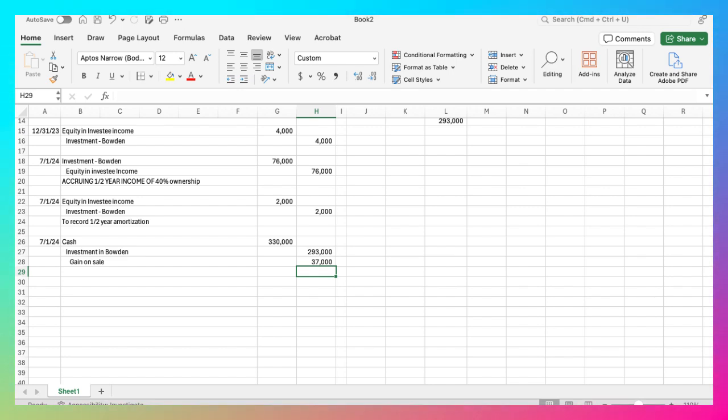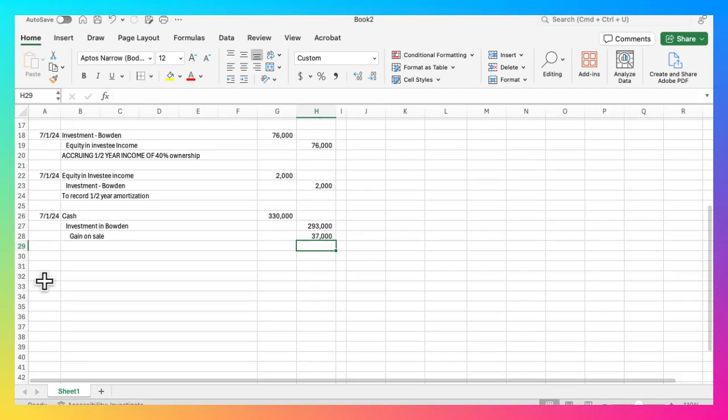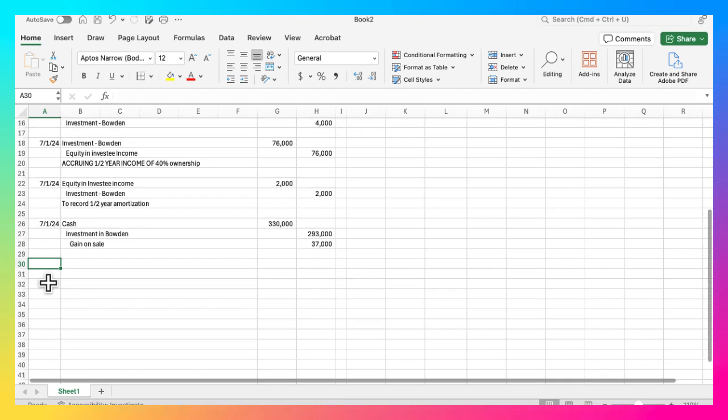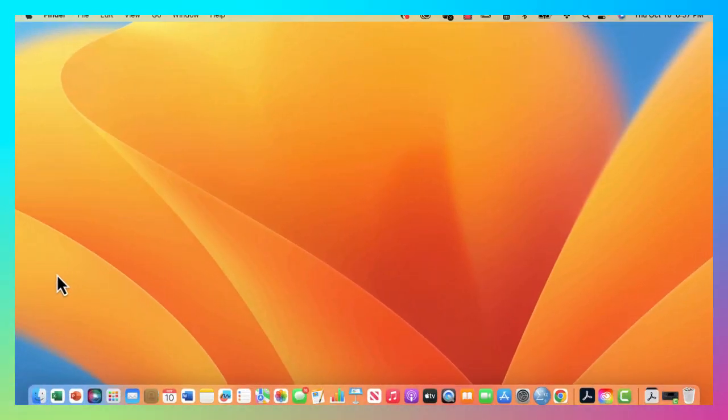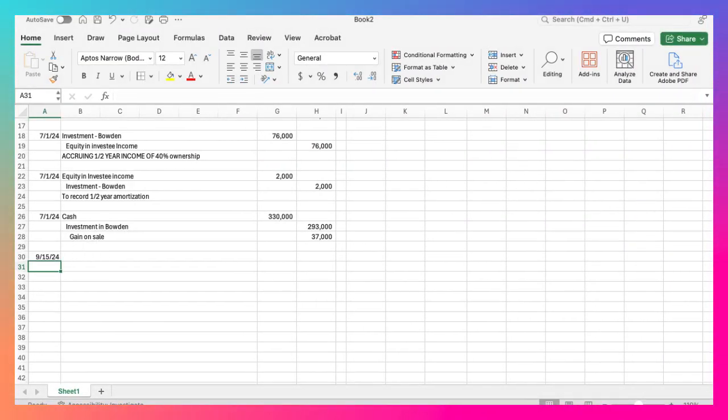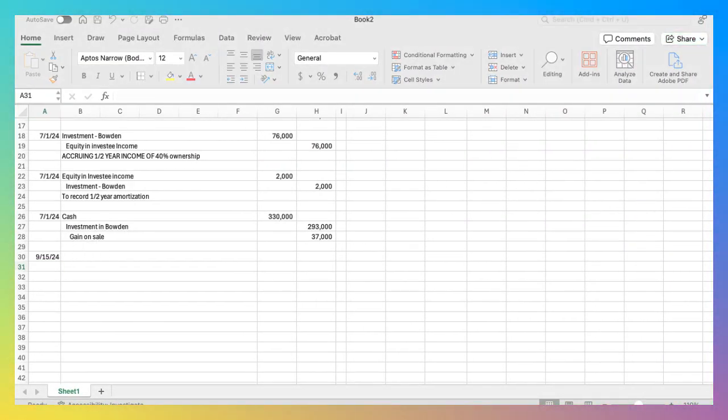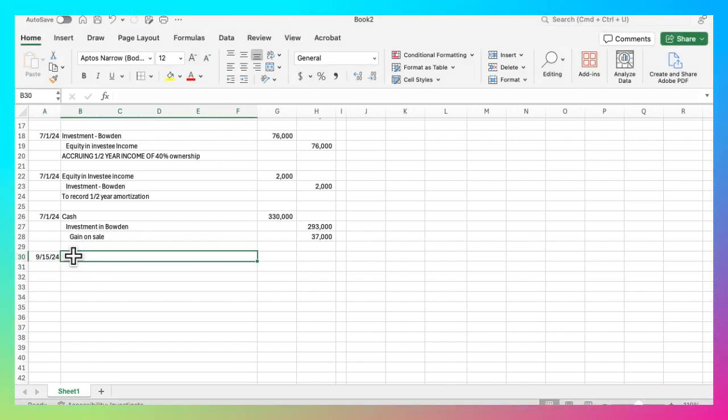Okay. Now, 9/15, we get a dividend, right? They declare a dividend. Okay, so we can calculate that very, very easily. On 9/15/2024, we end up receiving a dividend, right?